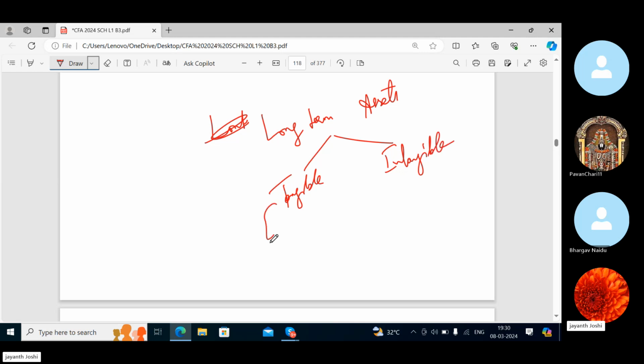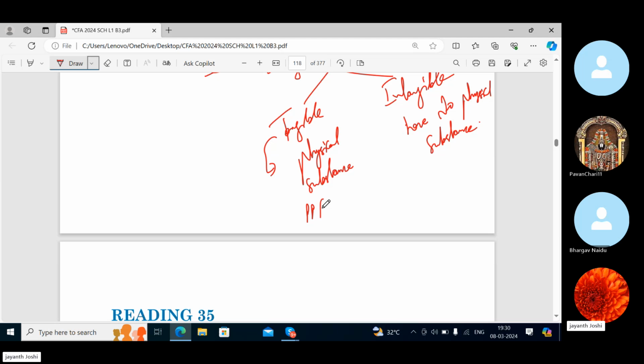Tangible assets have physical substance. Intangible assets have no physical substance. Examples of tangible assets are property, plant and equipment, and intangible assets are like patents.